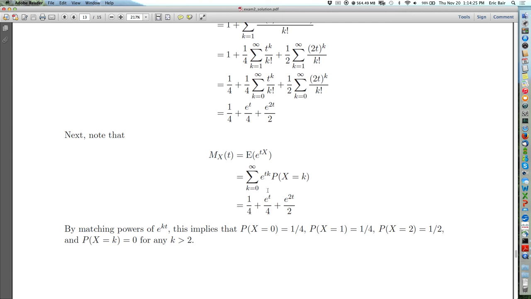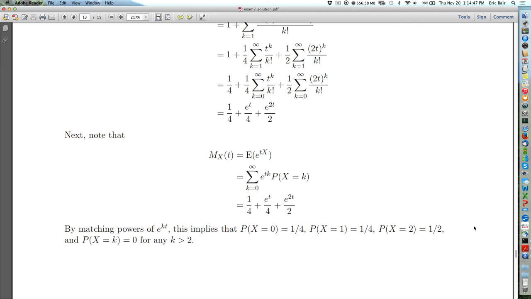When k is equal to 1, it has to be equal to 1/4. When k is equal to 2, it has to be equal to 1/2. And for everything else, it has to be equal to 0. That gives us the probability X is 0 is 1/4, X equals 1 is 1/4, and X equals 2 is 1/2, and equal to 0 for everything else.